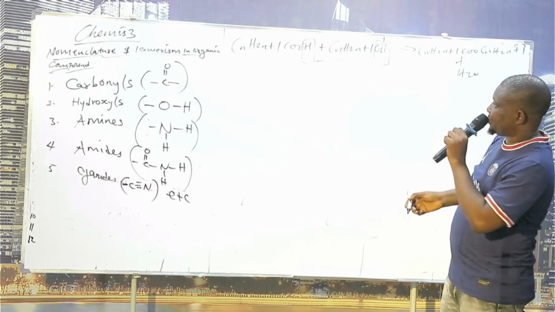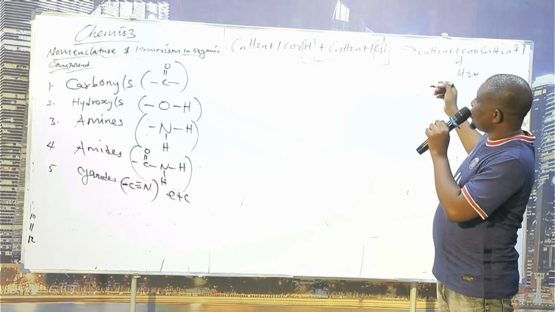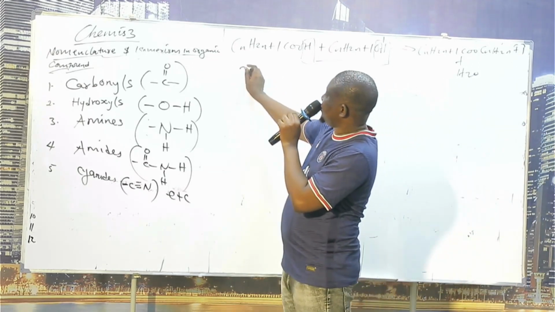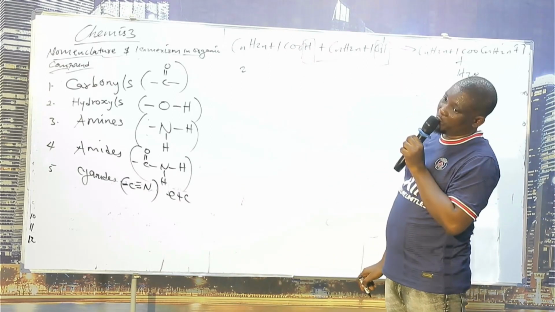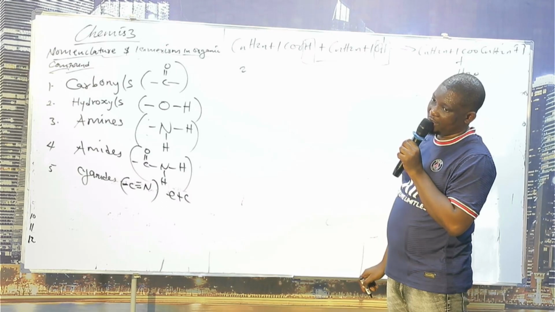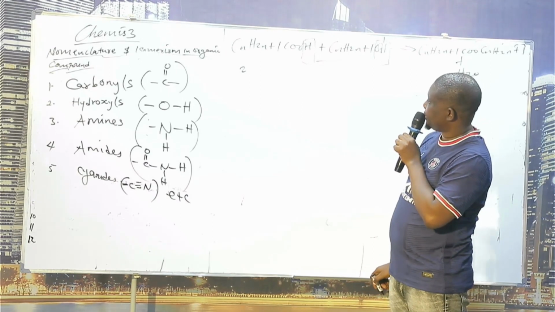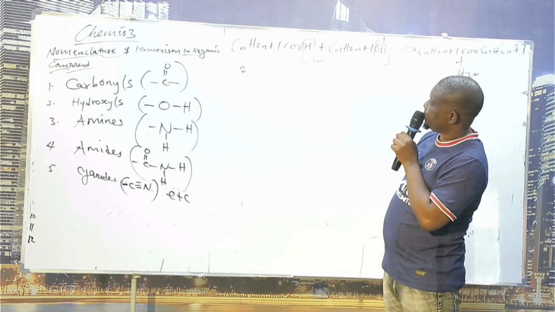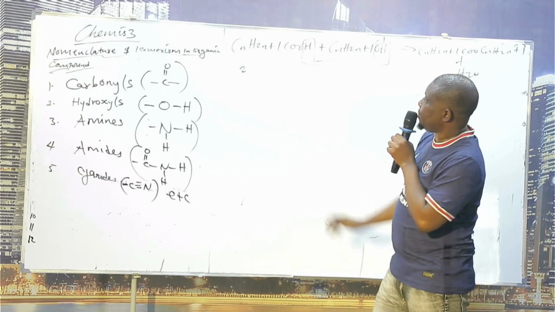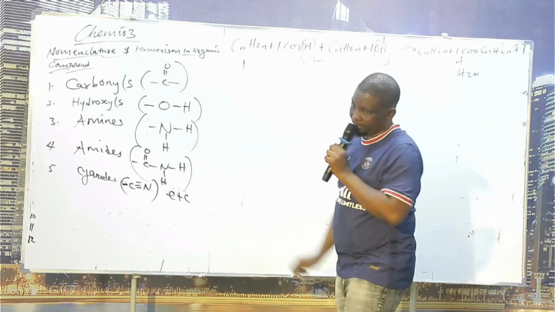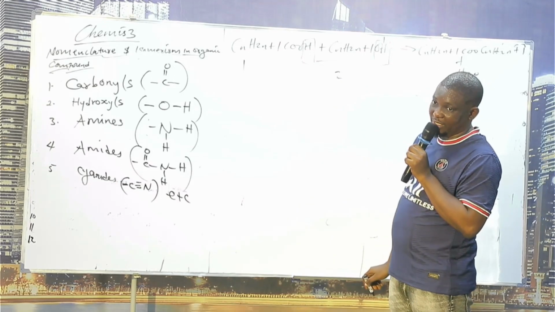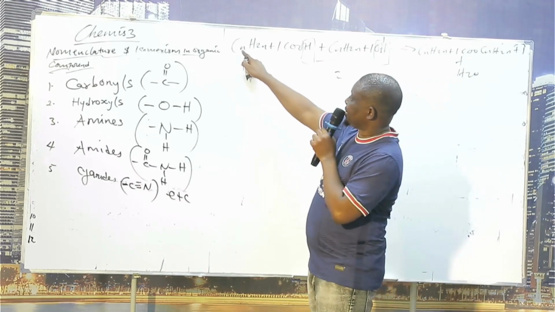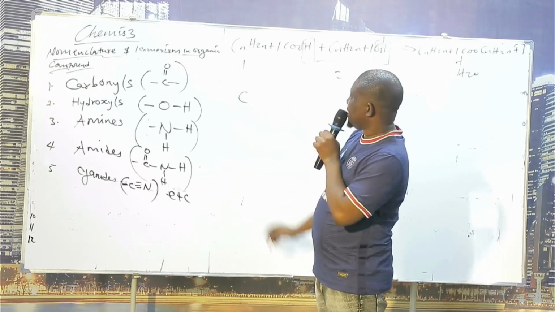If, for example, this n here is 1 and this n here is 2. Anywhere we see this n, we say 1.